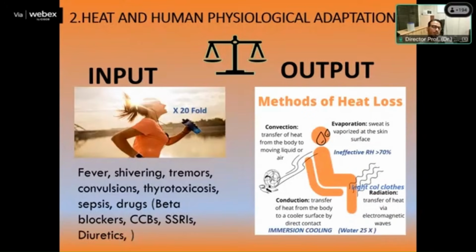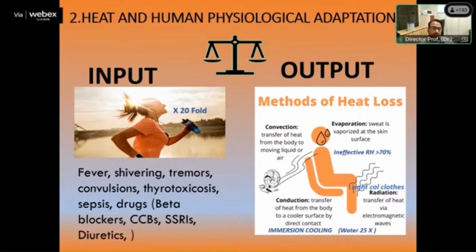So how do human beings adapt to this intense heat? In fact, all heat-related illnesses, more so heat stroke and heat exhaustion, are a disturbance between input and output mechanism.